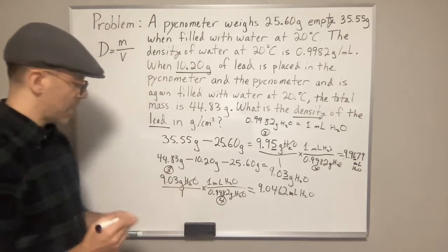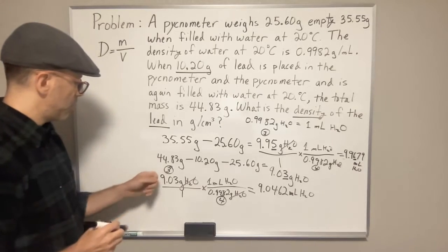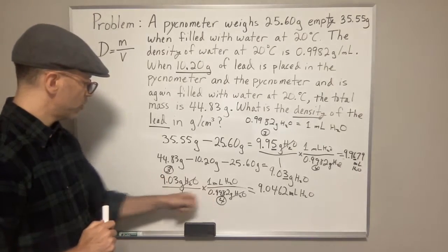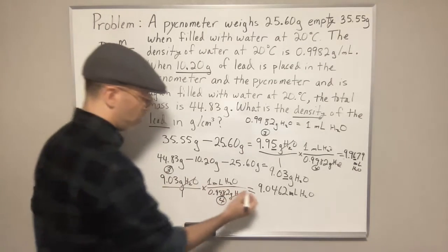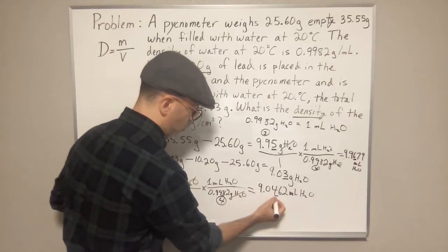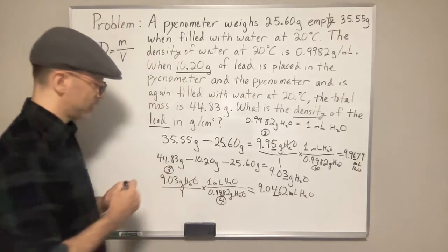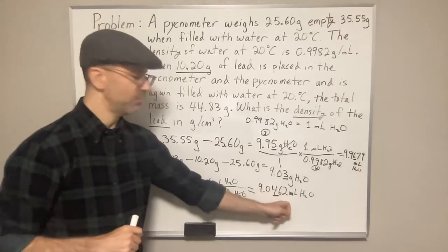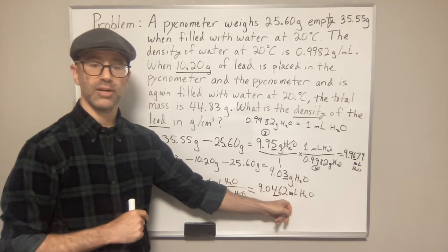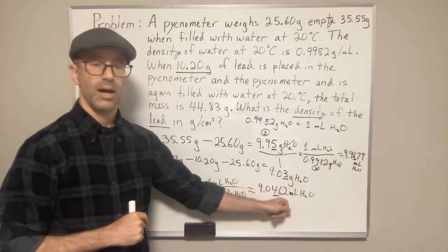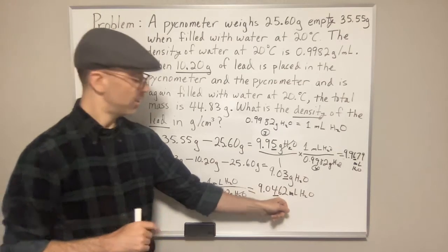This 0 is not significant because it's a leading 0, and those are never significant. So the least number is 3, so I count 1, 2, 3. So the 4 is my last significant digit. I'll keep the 6 and a 2 because I'm going to be using this in a later calculation, so I don't want a rounding error.